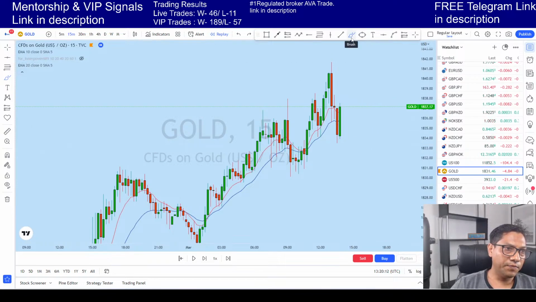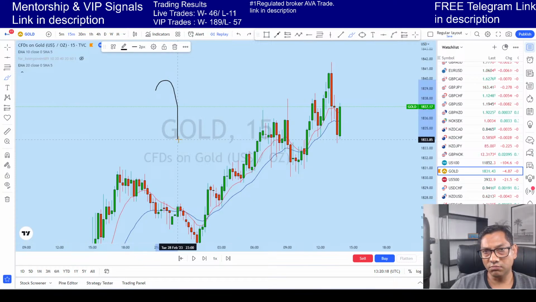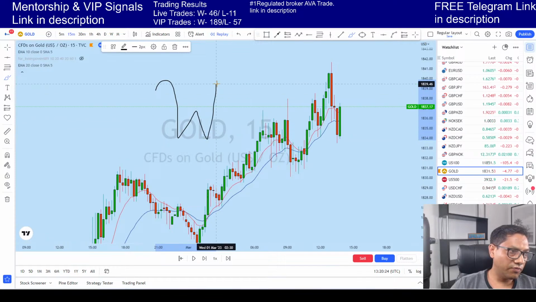Let's say a market created a false breakout, then formed a double bottom and broke out from it. This double bottom is the point where smart money was interested to sell. After it broke out, the price came back to the same level where the smart money sold, which was a supply zone that has broken down.